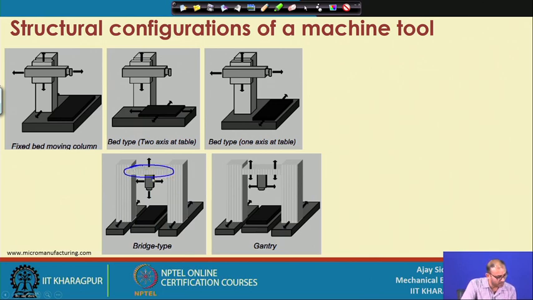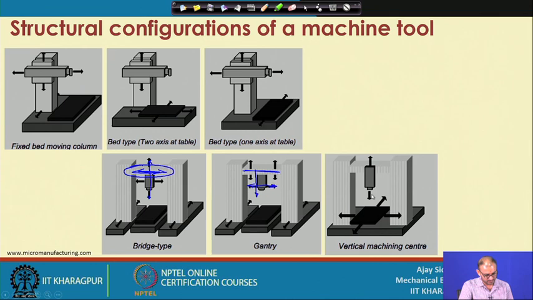That means there was no movement on the bridge, but your tool was moving on this bridge, in the x direction, and then in the z direction. But here your tool is capable of moving in the x direction only, while this whole bridge will move in the z direction. So, this is under the configuration of the machining structure, and there is still no connection of all the axes with the workpiece.